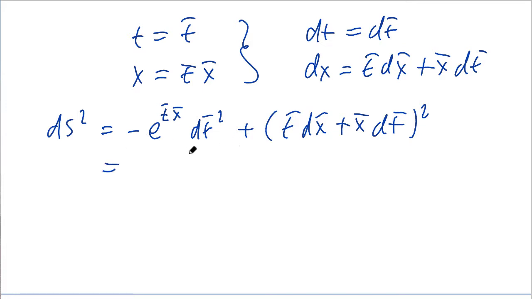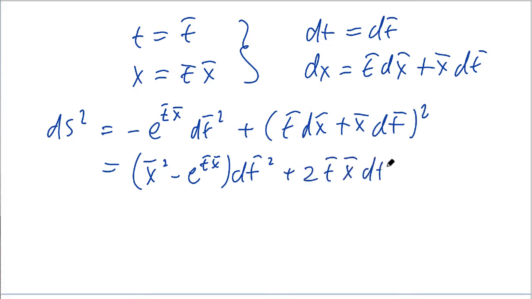So we can collect terms here. We have an x bar squared times dt bar squared, so this is x bar squared minus e to the t bar x bar times dt bar squared. We have some cross terms, 2 t bar times x bar dt bar dx bar, and finally the square of this term, t bar squared dx bar squared.